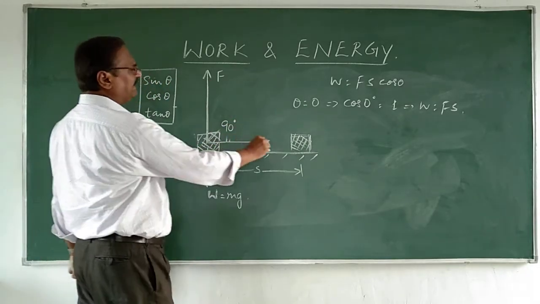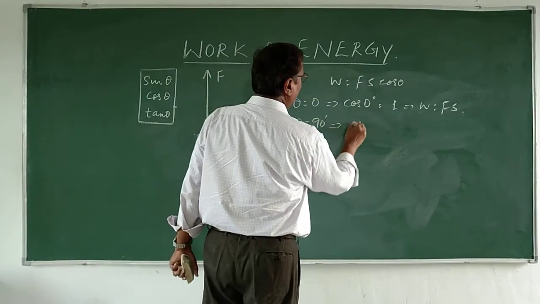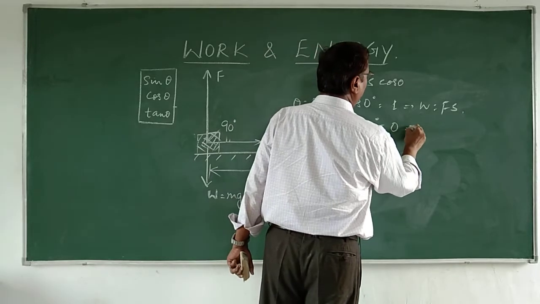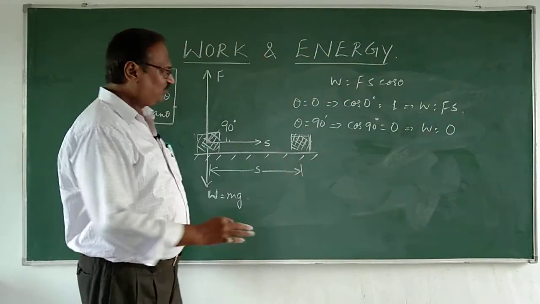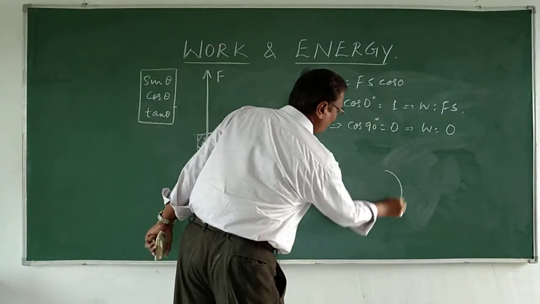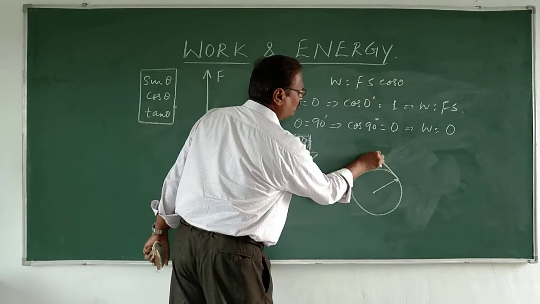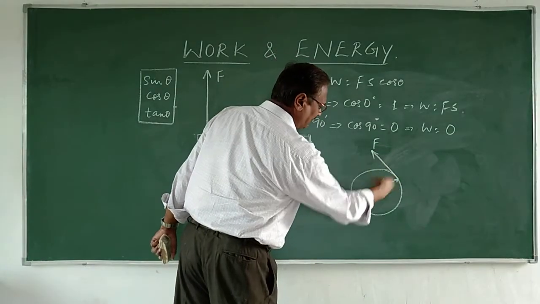If theta is equal to 90 degree, then cos 90 degree is equal to 0, which implies work done is 0. That was the reason in circular motion, at the center here, you apply a force like this, and the displacement is in the other direction.